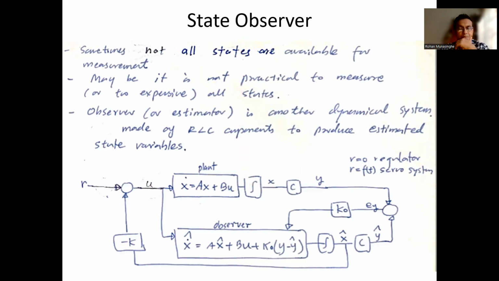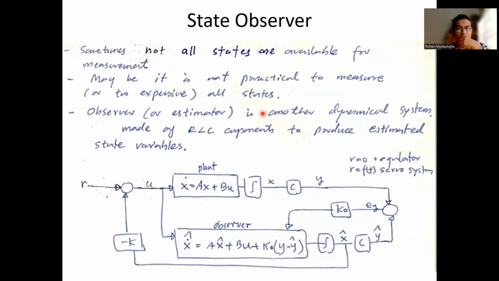Let's take a look at some of the basic highlights here. Sometimes not all states are available for measurement. Maybe it is not practical, or too expensive, to measure all states.